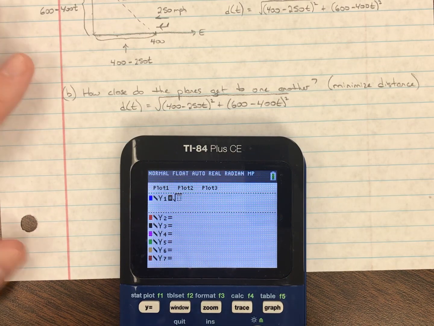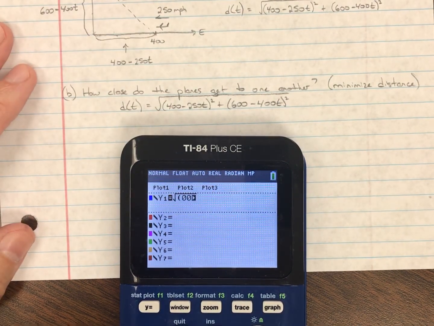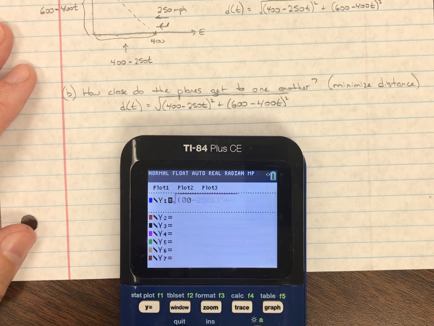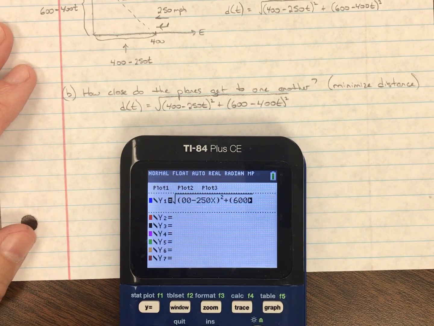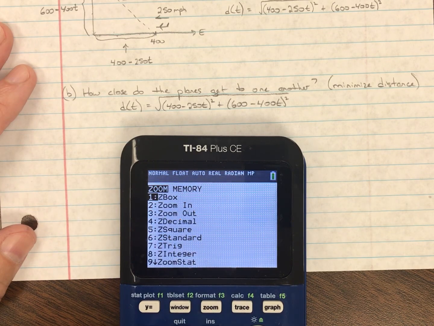First the parenthesis: 400 minus 250x, the quantity squared, plus parenthesis 600 minus 400x, close that, the quantity squared. I'm going to do a zoom standard, I like to start there.